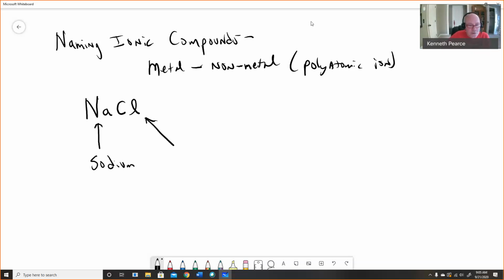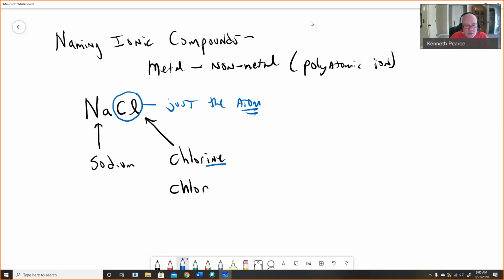Now, if it's just the atom, and what I mean by just atom is not how many you have, but it's just the atom, then what you do is you chop off the ending of the nonmetal and you replace it with "ide." So this becomes not chlorine anymore, but chloride.